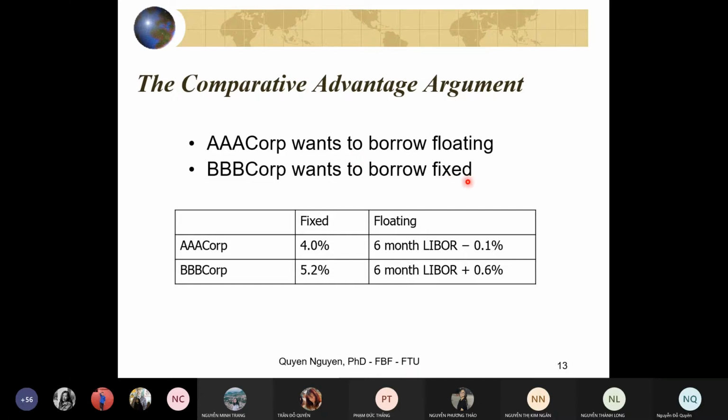So our mission is to design a swap contract in order to make use of the comparative advantage of AAA and BBB, but at the same time fulfill what they want, ending their swap contract together with each other with the rate that they want to borrow.